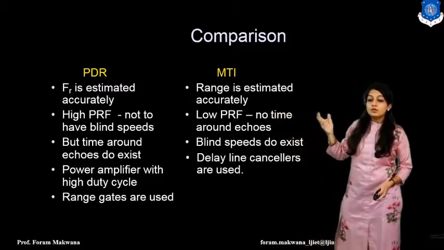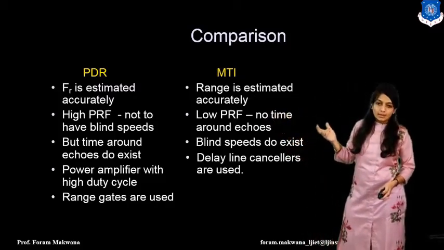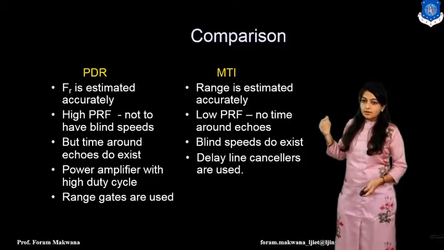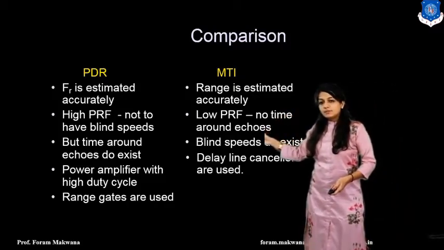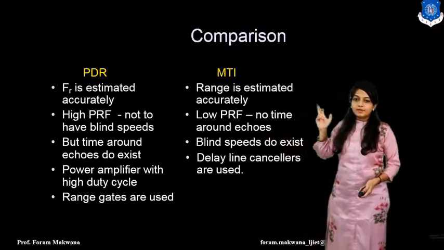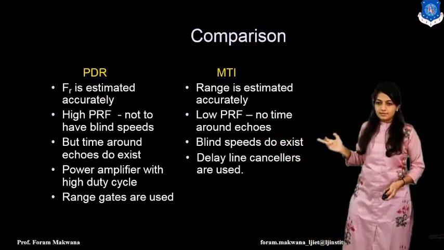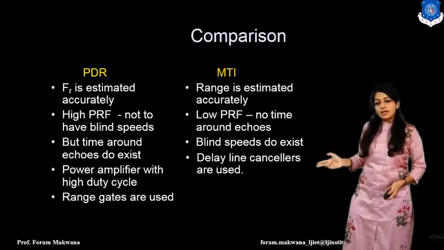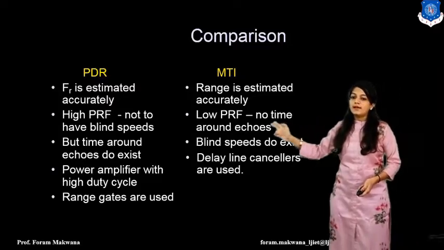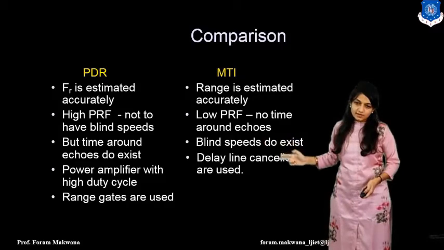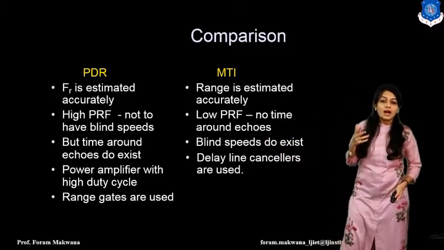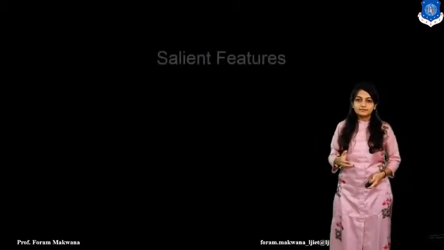But if you use a low PRF, there are no time around echoes. But over here, time around echoes are present. But in this, blind speed can be present. So we can use the delay line cancelers, and over there we can use a range gated filter as well as a power amplifier with a high duty cycle.